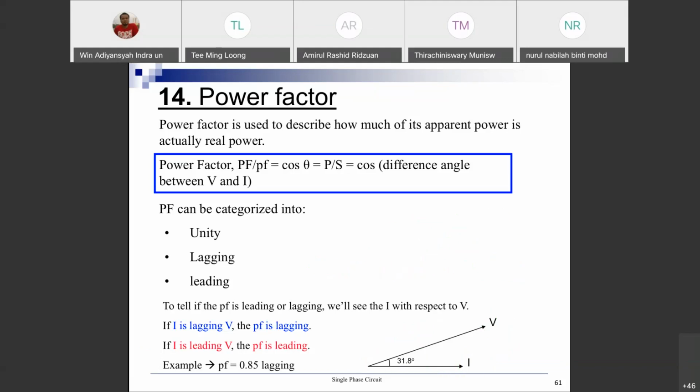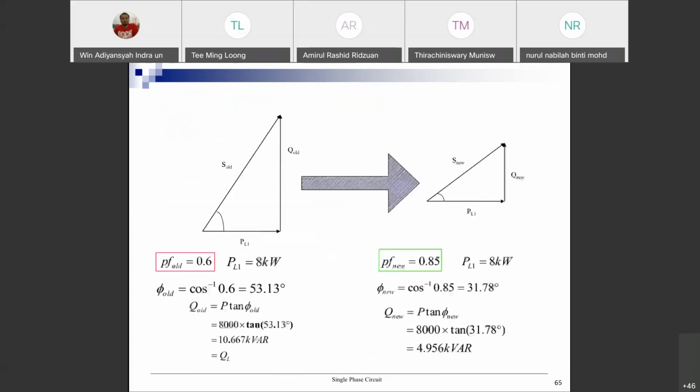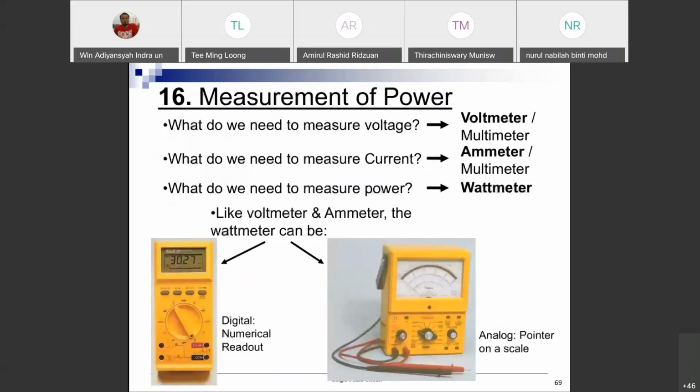Okay, next. Okay, we'll skip this one. Okay, measurement. Multimeter. This is your multimeter. I'm sure you are familiar with this one before? How do you measure as voltmeter?